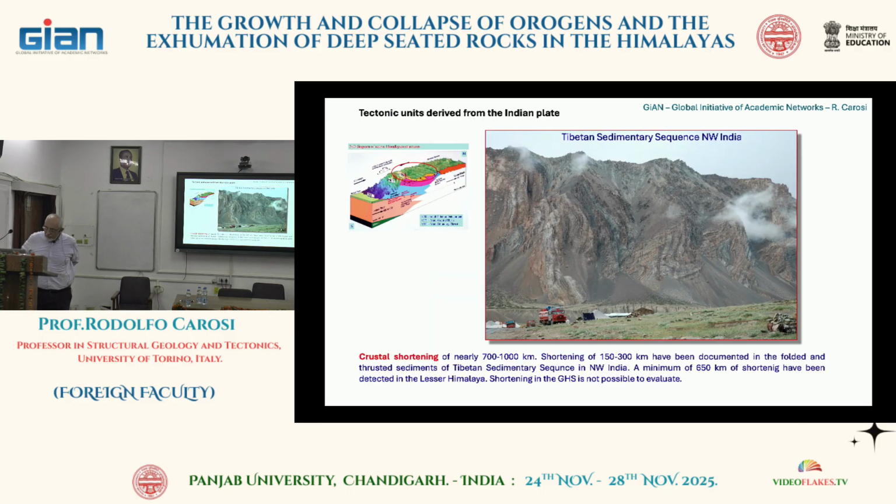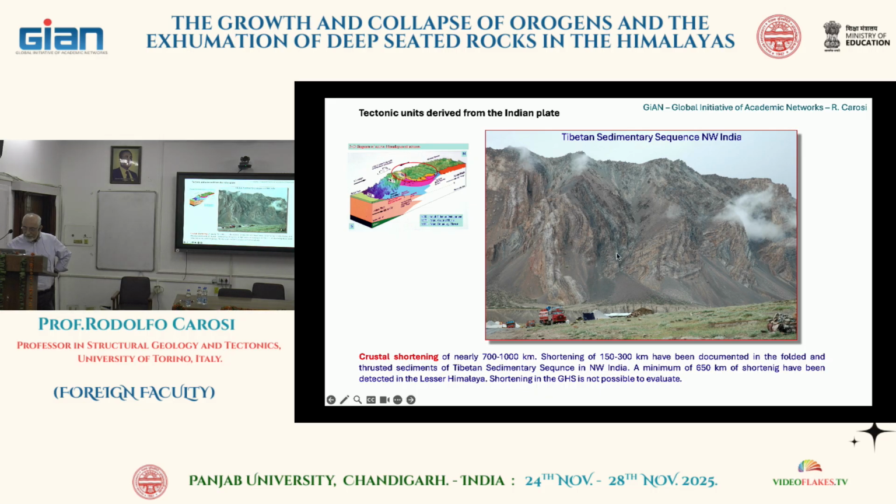Okay, we started to take a look at the Tethyan Himalayan sequence or Tibetan sedimentary sequence, different names of the same unit. You can see here this is a road to Leh, from Manali to Leh. And along the road, you can see these beautiful folds.